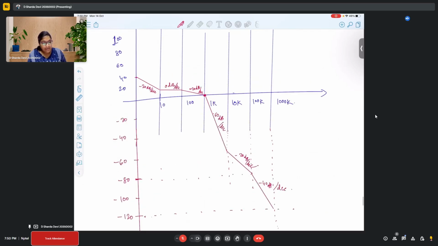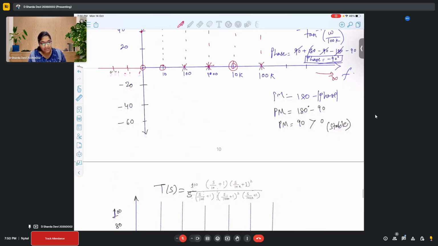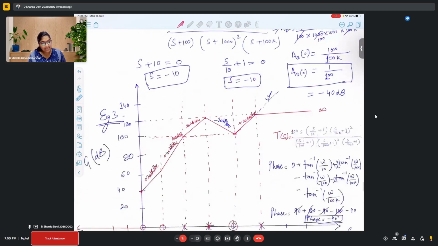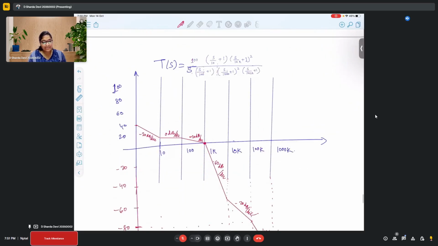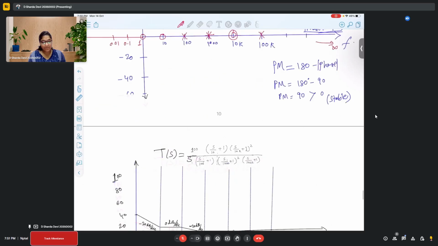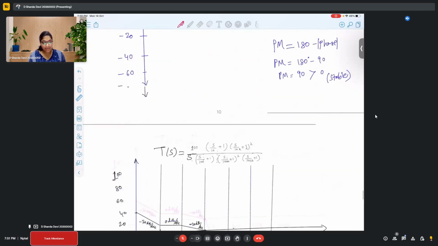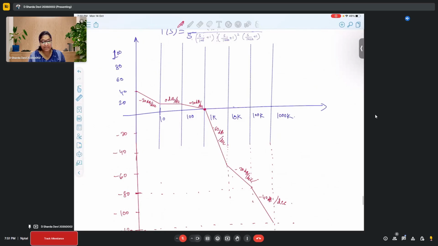So did you see how things have changed, just by interchanging the pole and zero at zero? Earlier there was a zero at zero. Now there is a pole at zero. But you can see the transfer function has completely changed. The Bode plot has completely changed.